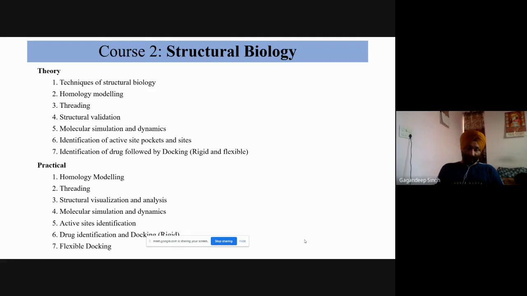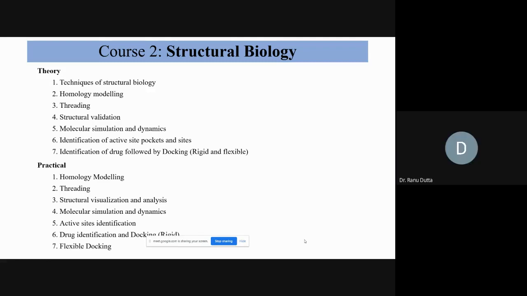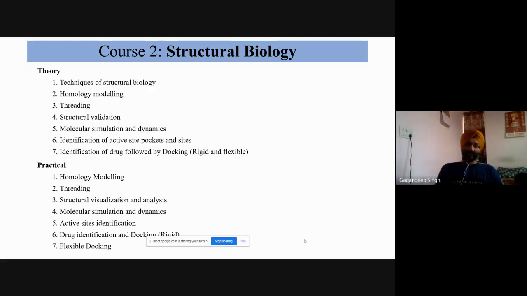Then maybe we can design a good drug for that. There is a scope in designing drugs, in modeling, and in pharmaceutical industries for structural biology. And we can prove our structures in the wet lab as well by X-ray crystallography or NMR spectroscopy, if we want to prove our in silico experiment.